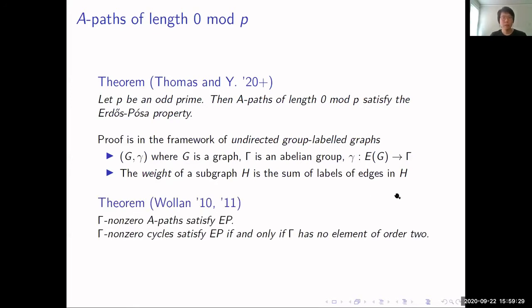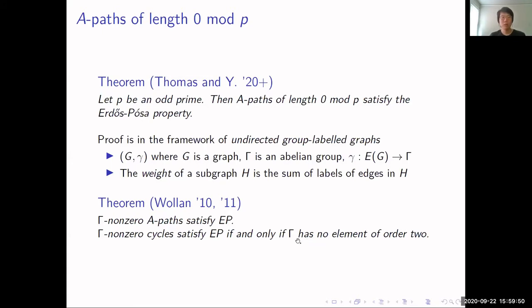And 2 of the results that I mentioned in the list of examples, where I said that A paths of length not congruent to 0 mod M satisfy the property, and cycles of non-zero length mod M satisfy the property if and only if M is odd, are actually more general as well.